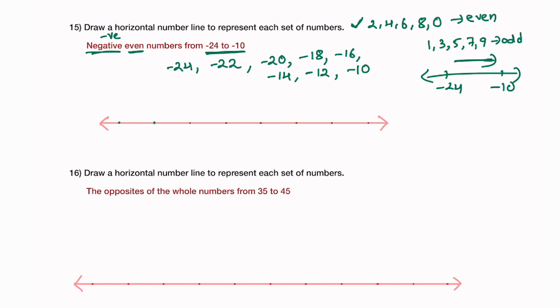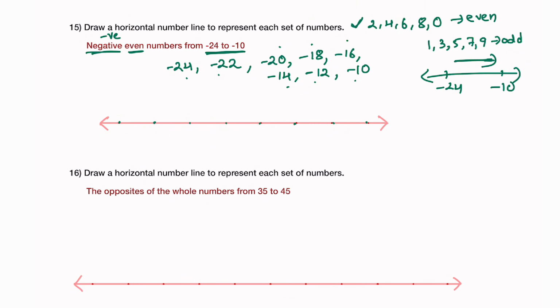So these are the numbers that I need to plot. How many are they? 1, 2, 3, 4, 5, 6, 7, 8. Do I have my 8 markings? 1, 2, 3, 4, 5, 6, 7, and 8. So I've already done my marking at the gap of 2 centimeters. That's what you need to do.